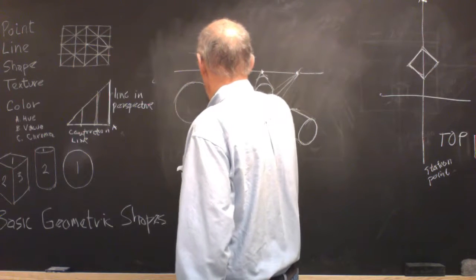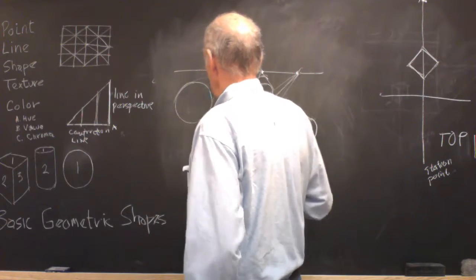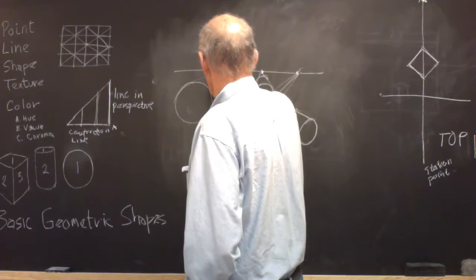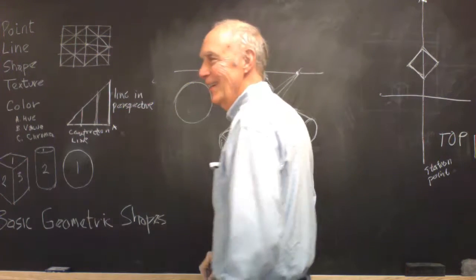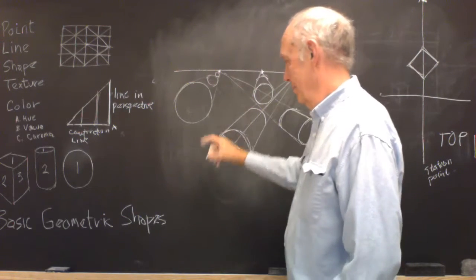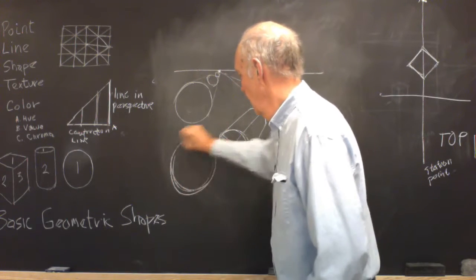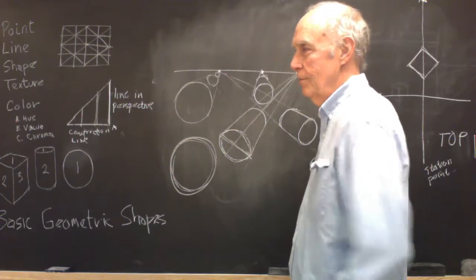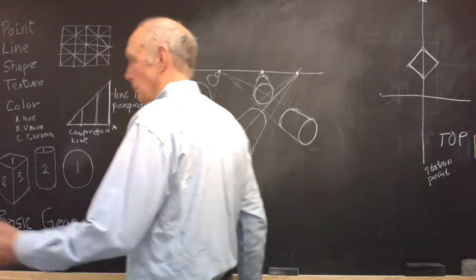In fact, if I wanted to draw this circle the same size all the way back to the horizon line, I would just draw, if I dropped it down to here, position in picture plane. This one's closer to me. There's no vanishing points. One shape, it's always a circle, always a circle.